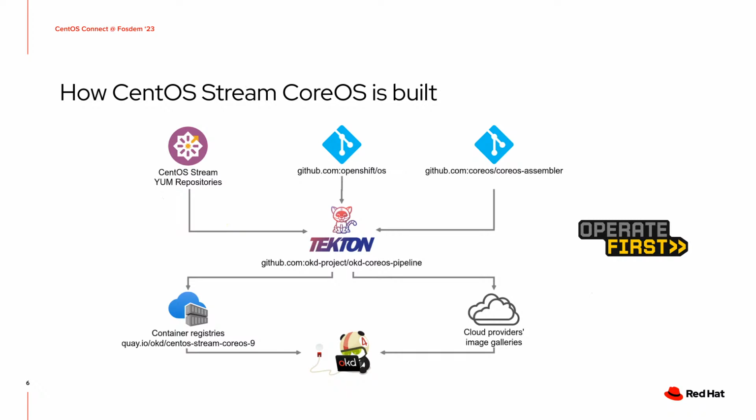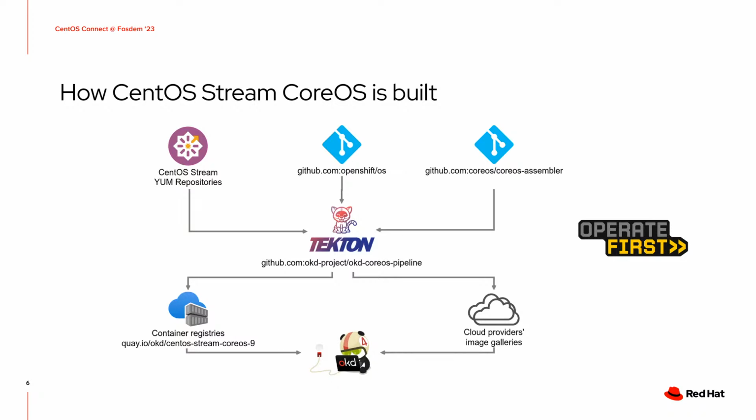So how do we build this thing? In the first row here, you see the sources of truth for building SCOS. We have the CentOS Stream Yum repos, which obviously contain all the RPMs. Then we have the OS repository in the OpenShift org, which defines the operating system.